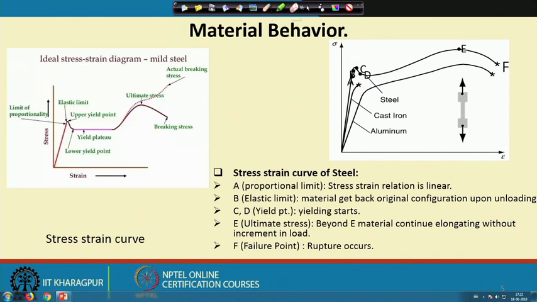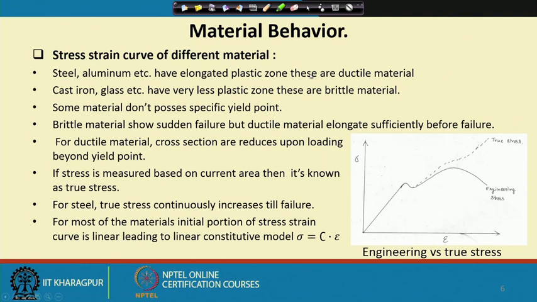For instance, if you draw the stress strain curve of concrete, that will also look like this, so it is a brittle material. Glass is also such a material, with very little plastic zone, and some materials don't possess a yield point. In mild steel we observe a distinct yield point.